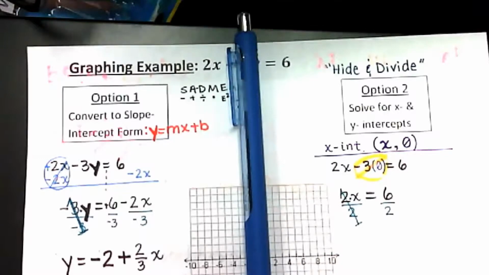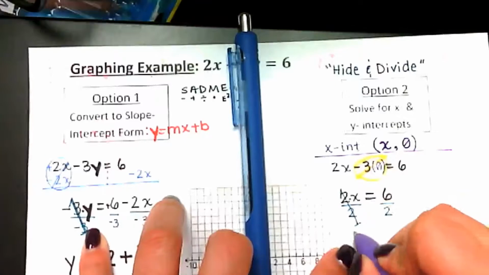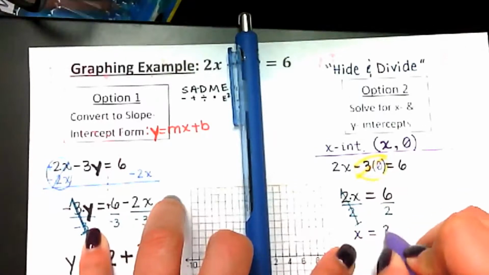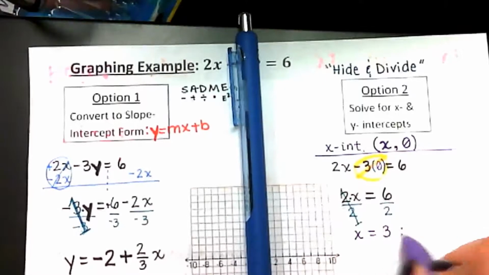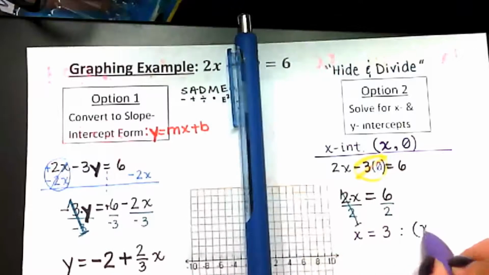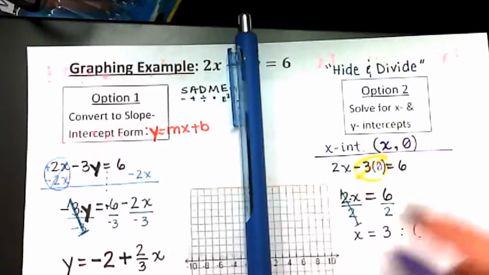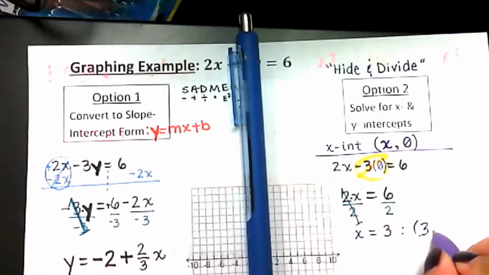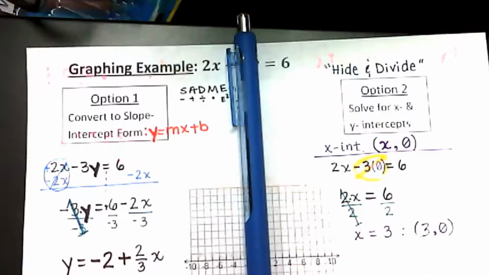leaving me with, there's my purple, x equals 3. So therefore, oops, not x, silly, 3, 0.